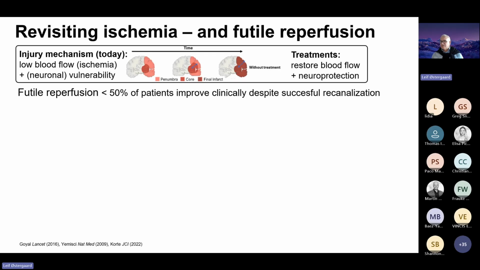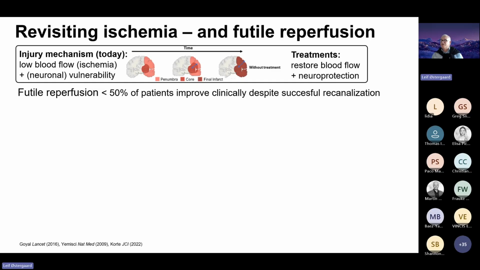But the treatment is, of course, to restore blood flow, and we have thought that neuroprotection, in terms of making neurons less susceptible or sensitive to low blood flow, would help. But as you also know, that has worked very well in animals, but not so well in humans. And what we wonder is, of course, is that because it is really the blood vessels that are the problem, or the capillaries that are the problem, that they are constantly closing.